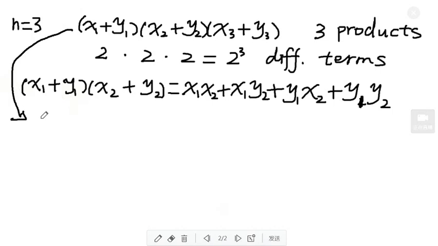when n equals 3. Of course, we will get 8 different terms. So you can use those 4 terms times x3 plus y3, right? So we can get that. Let's expand it. Please take note. So for the first term, x1 x2, for the third parenthesis, I can choose x3, right?